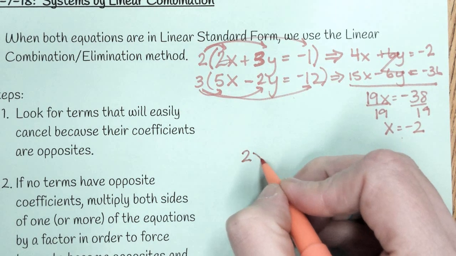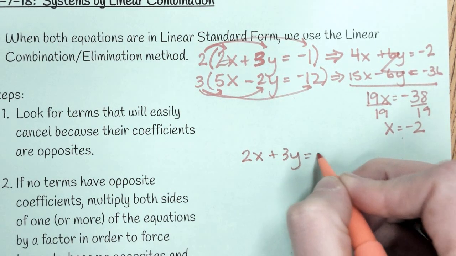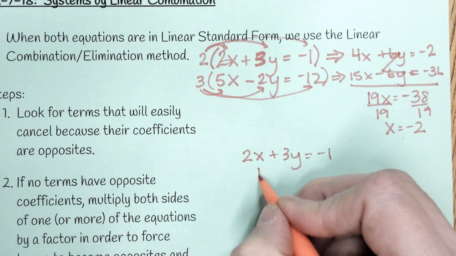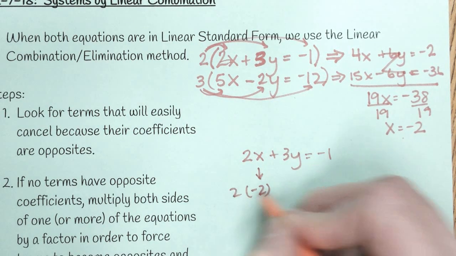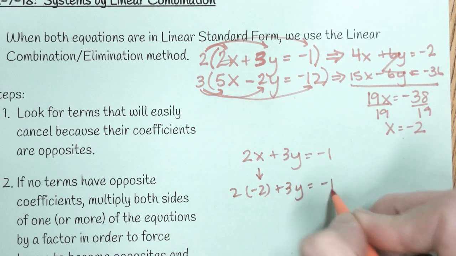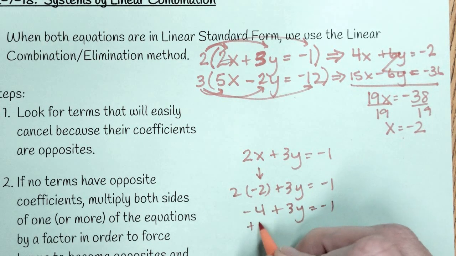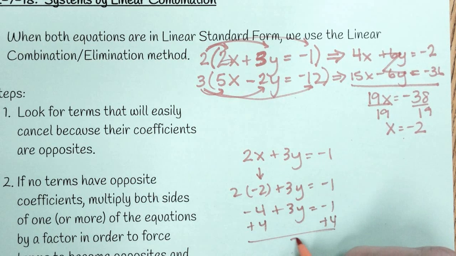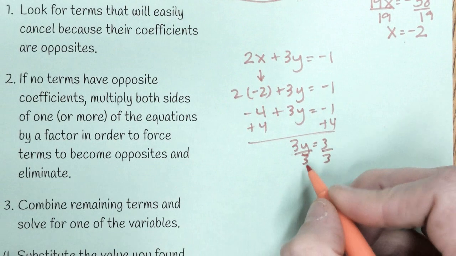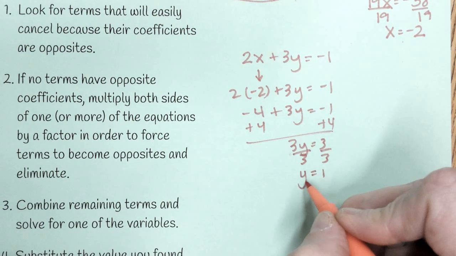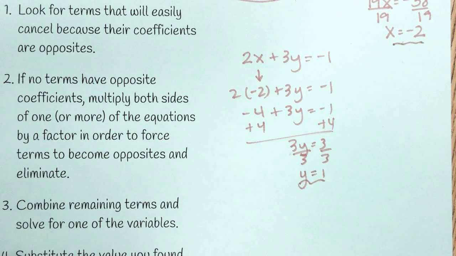So 2x plus 3y equals negative 1. 2 times negative 2 plus 3y equals negative 1. Negative 4 plus 3y equals negative 1. 3y equals 3. And so I think y equals 1. So I think x is negative 2 and y equals 1.